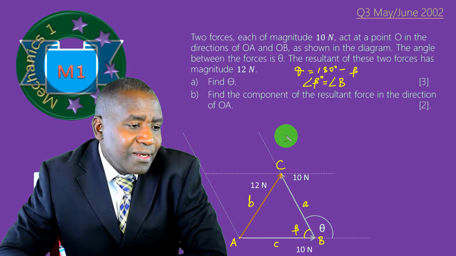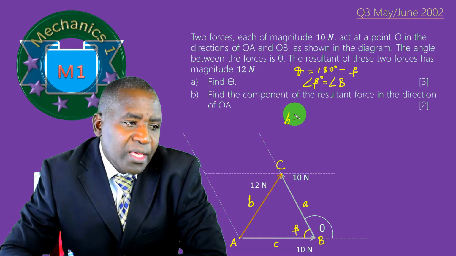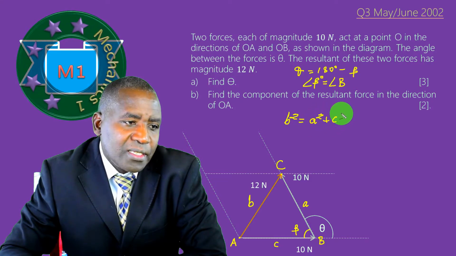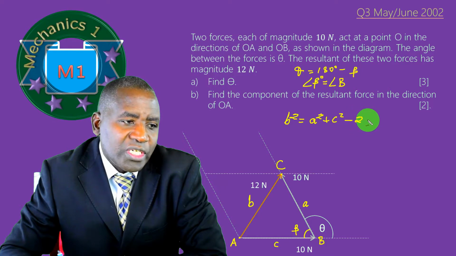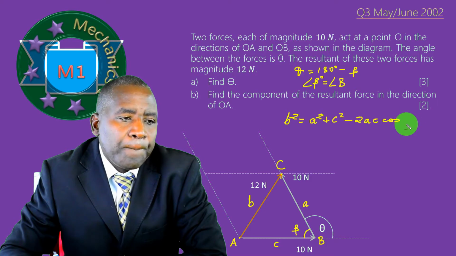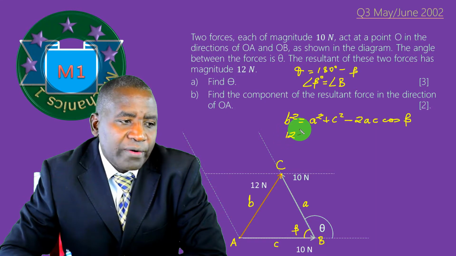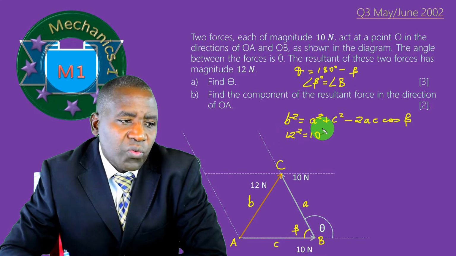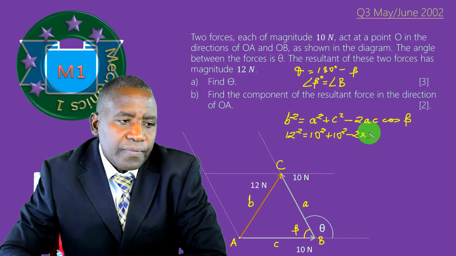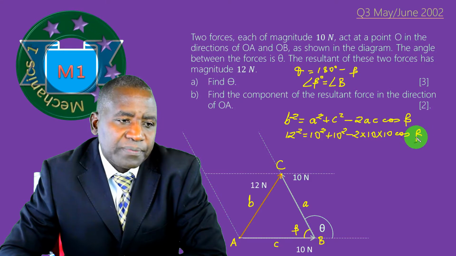So because I'm interested in this angle, I should use side B. So I'm going to say B squared is equal to the other two sides, A squared plus C squared minus 2 times A times C, and then cos of beta. Substitution, this will be 12 squared, this is 10 squared, there's another 10 squared, this is 2 times 10 times 10, and then I have cos beta.